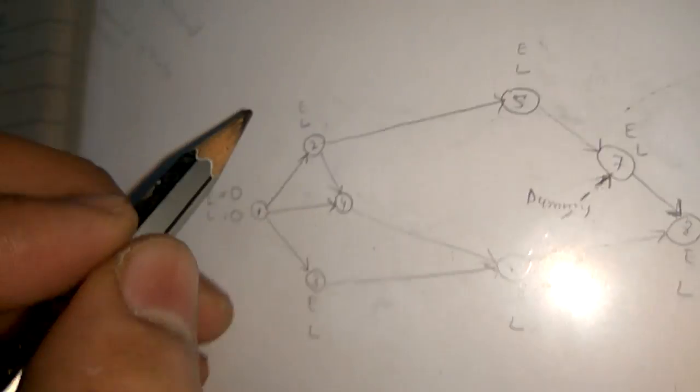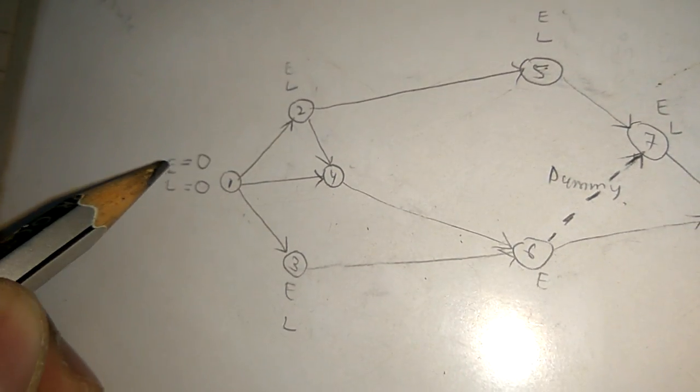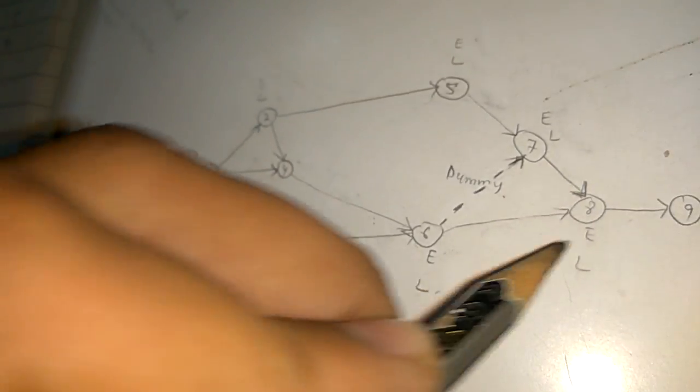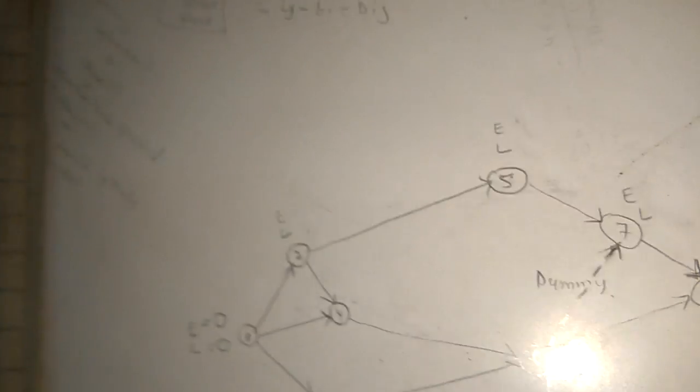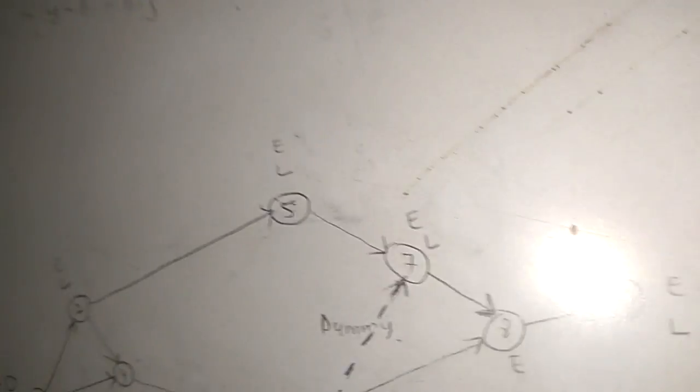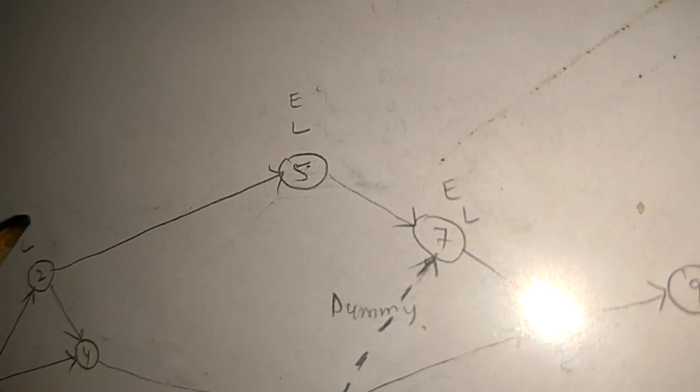First we will put the values in the form of EI, LJ. The first node will start from E0, and accordingly we will move. Between 2 to 4, EI is 4.